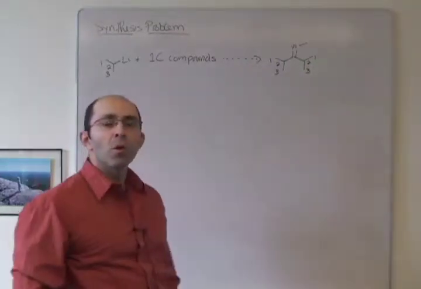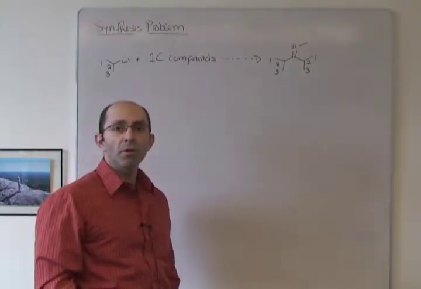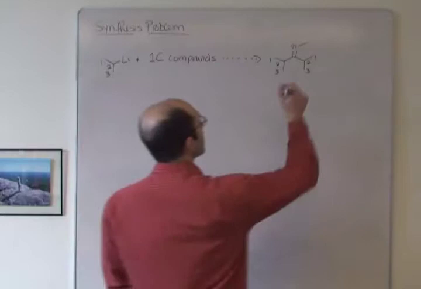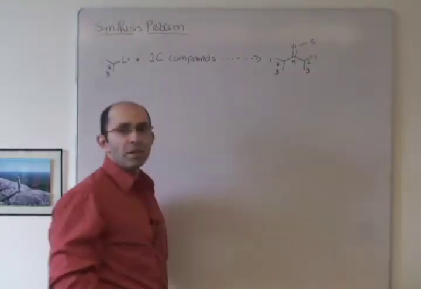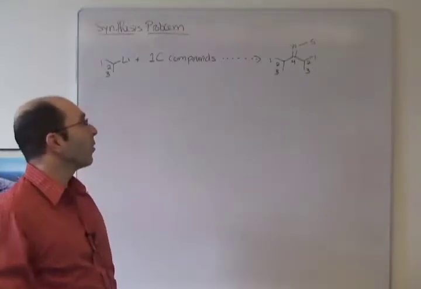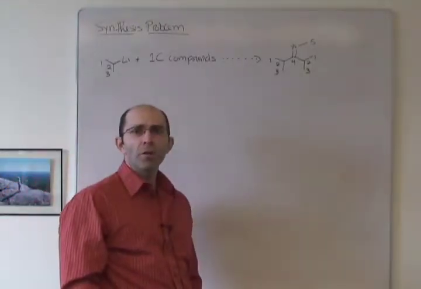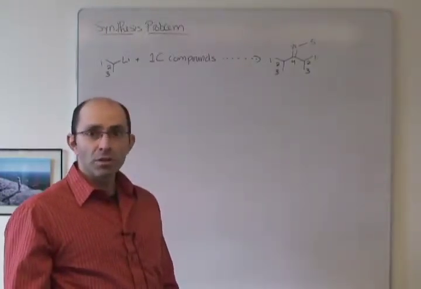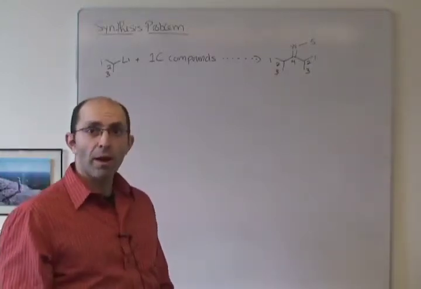So I'm probably going to end up using that compound twice in my synthesis. Then I recognize that I have 2 other 1-carbon pieces that I need to bring in, carbon 4 and carbon 5. So I should think about how I bring in 1-carbon pieces, whether that be carbon dioxide, formaldehyde, something along those lines. So I have that rolling around in my head.